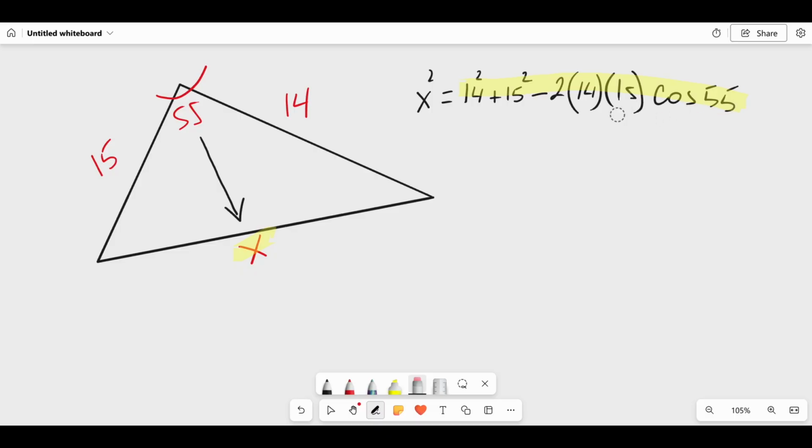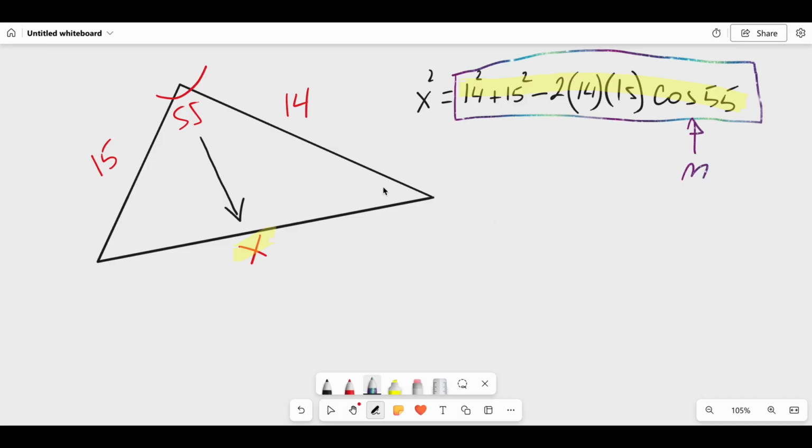Once you find this entire number, let's call it m. The missing side is going to be the square root of m, and that's it.